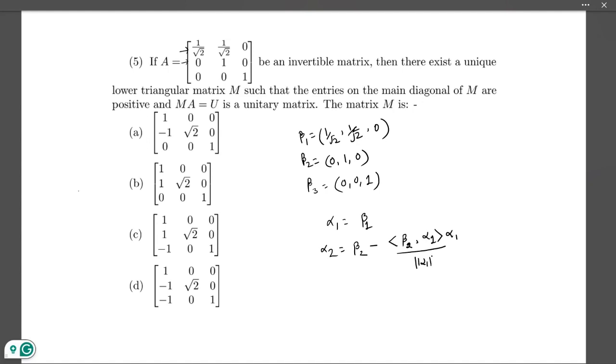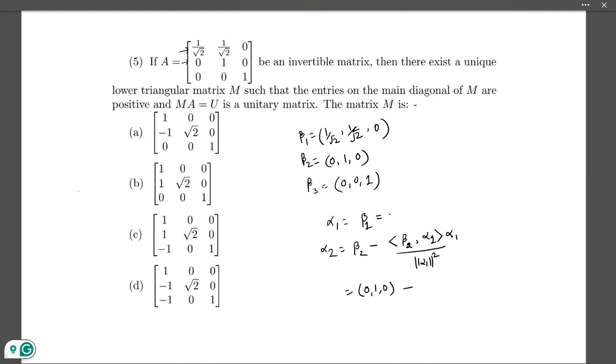Norm alpha 1 squared is 1, so you can leave it. But let's write here 0, 1, 0 for beta 2, and minus beta 2 inner product with alpha 1. But it will be just 1, right?